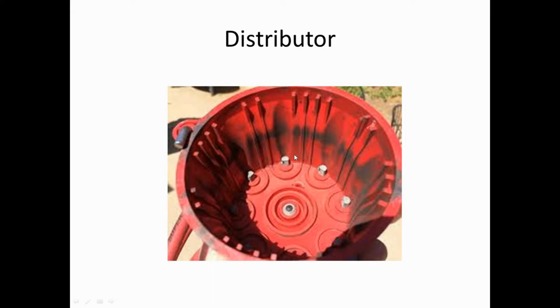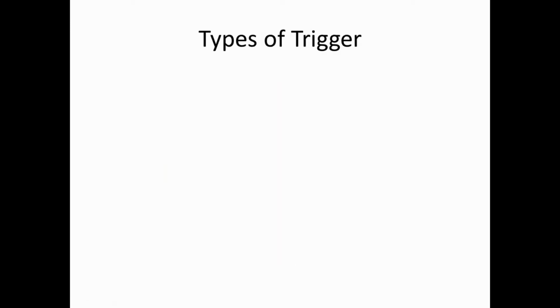This one's seen some action, but that's basically how a distributor works. As the rotor is pointing to each terminal, the trigger will fire the coil, and the rotor will send the spark up through the metal contacts of the rotor into the contact point on the distributor, up through the spark plug wire into the spark plug.